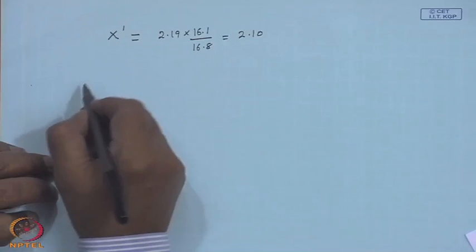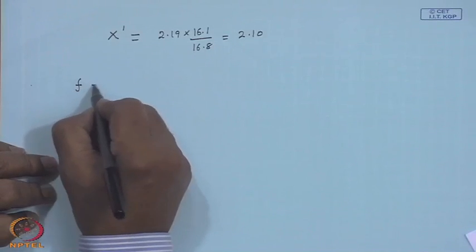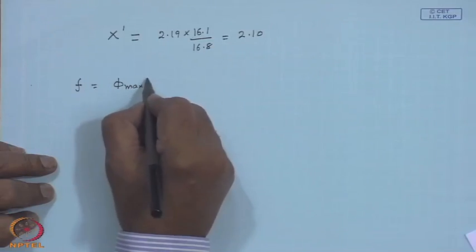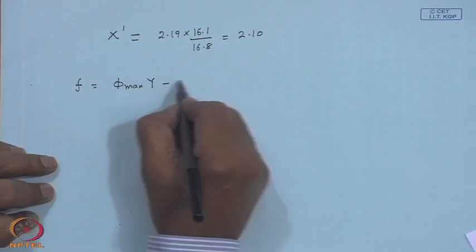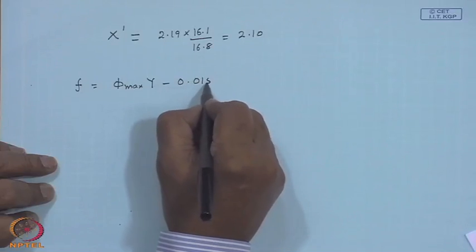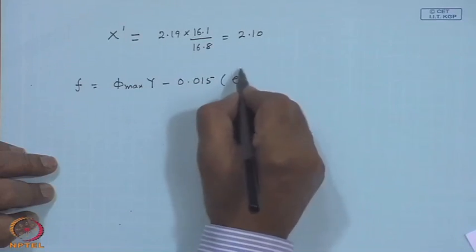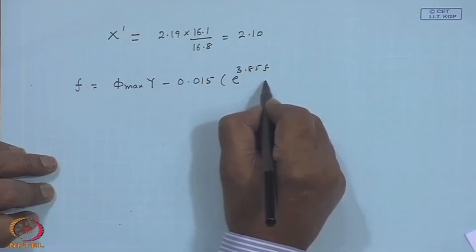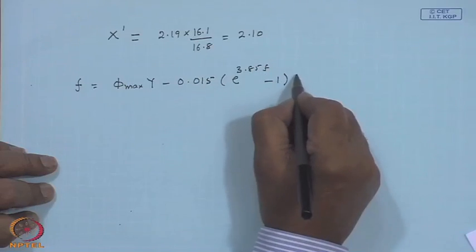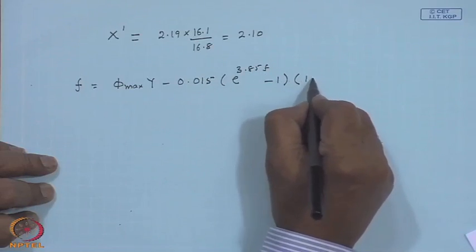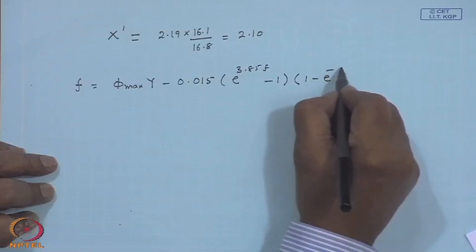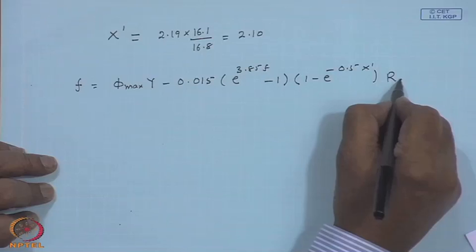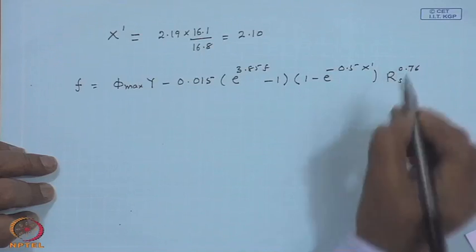So, again f is phi bar max y minus 0.015 times e to the power 3.85 f minus 1 times 1 minus e to the power minus 0.15 x dashed, times R s to the power 0.76.